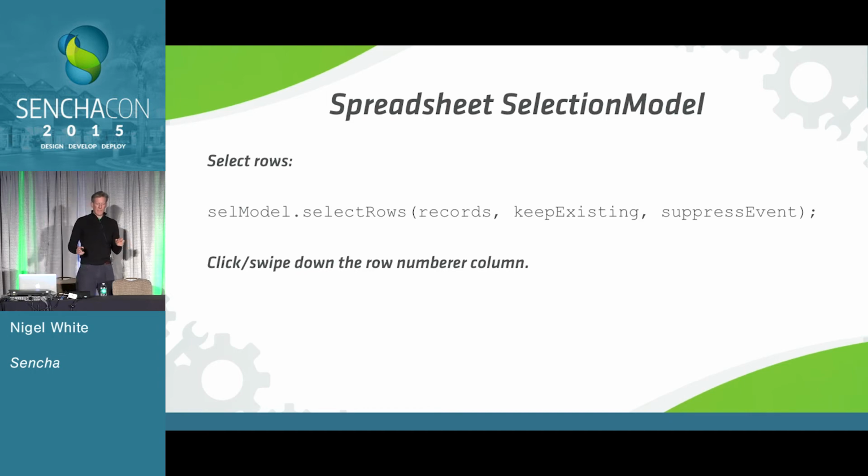Okay, how you select your data. You can do it programmatically or using user gestures. So to select rows, you can click and swipe down, and that will select rows, or you can call a selection model method directly, select rows, and pass a set of records. Keep existing, true or false, means either discard the current selection or keep it.